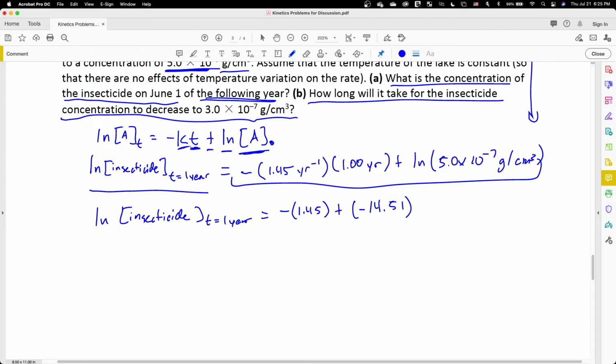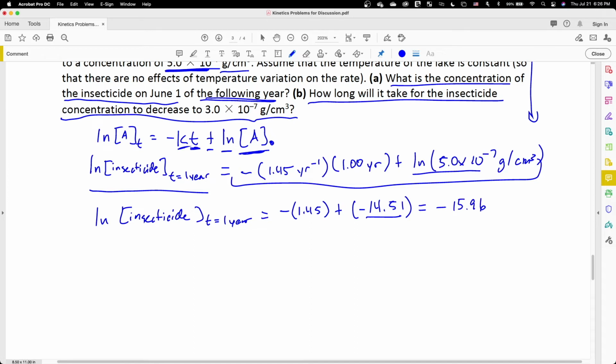That's the number you get when you take the natural log of 5.0 times 10 to the negative 7. Okay? And then we carry out that arithmetic, and the number is now negative 15.96.